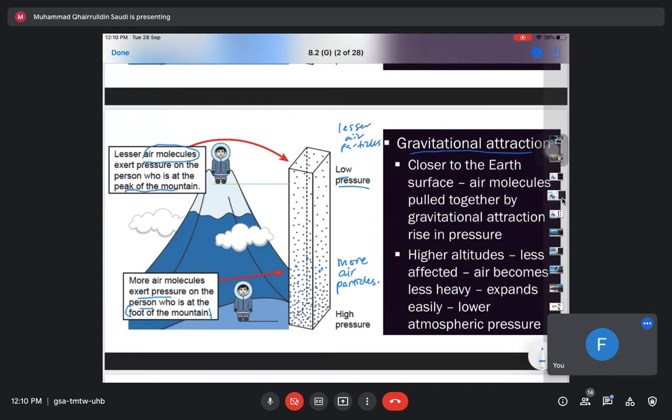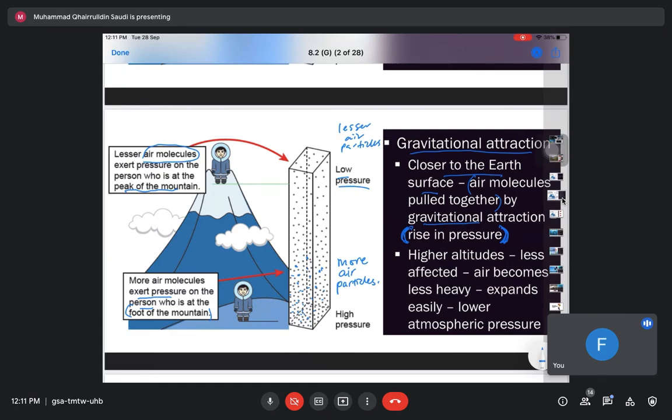Okay. Closer to the Earth's surface, air molecules are pulled together. Okay, why are air molecules more at the surface of Earth? Because of the gravitational pull. They are pulled by the gravitational pull, menyebabkan tekanan udara yang lebih tinggi because of the more air molecules or air particles.